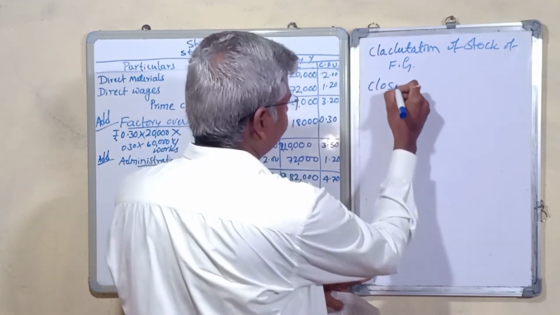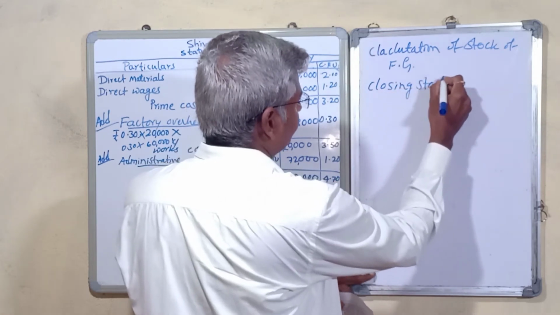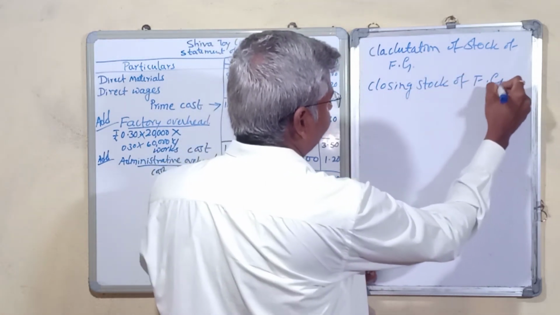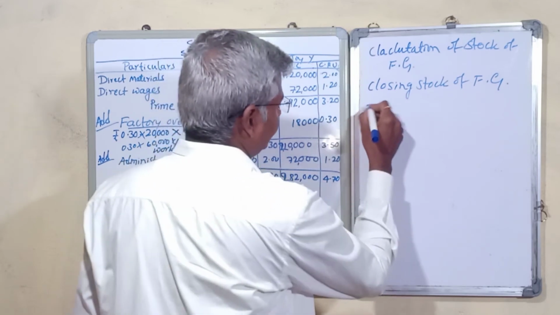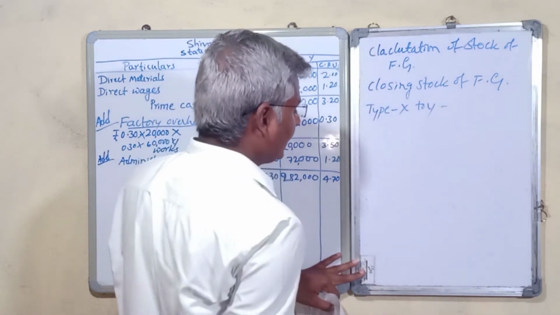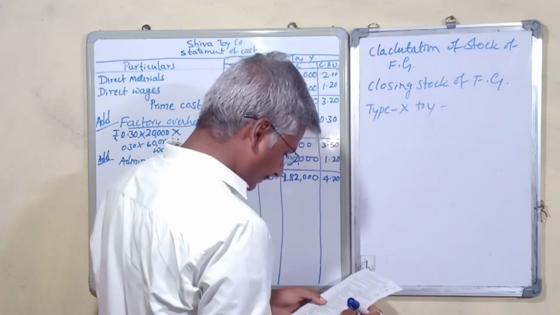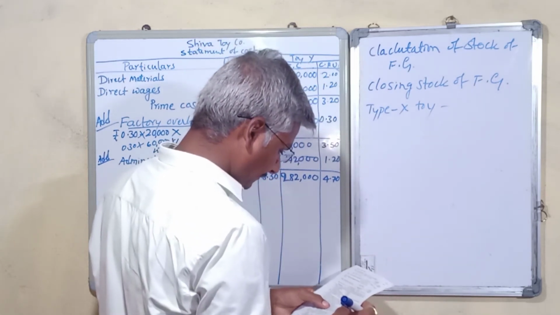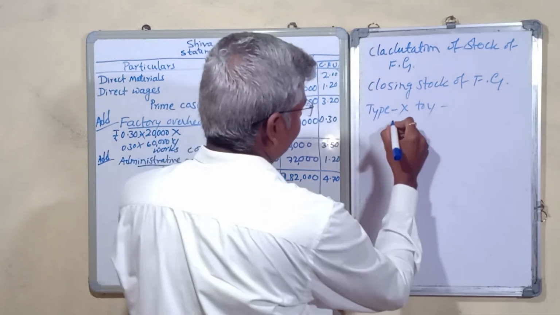It is closing stock of finished goods, type X toy, and here they have mentioned type X 20,000 toys, of which 18,000 were sold.